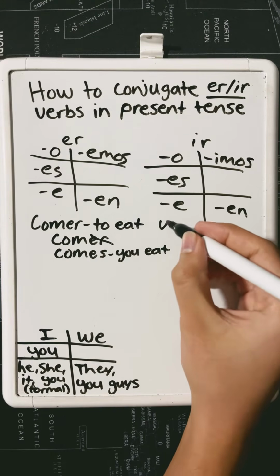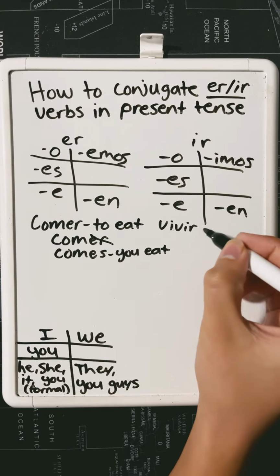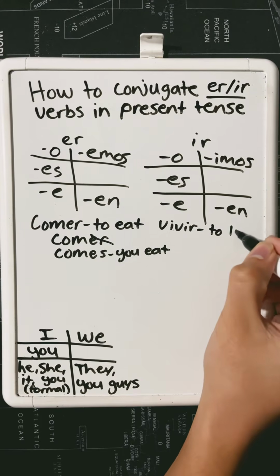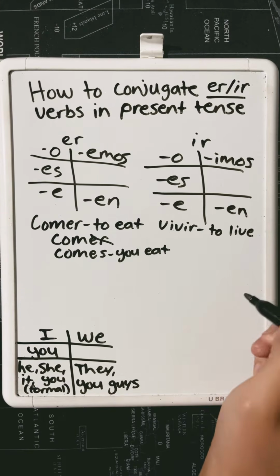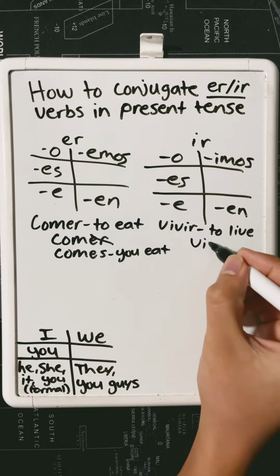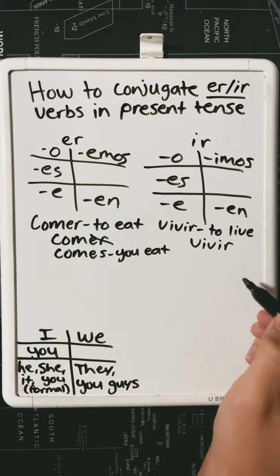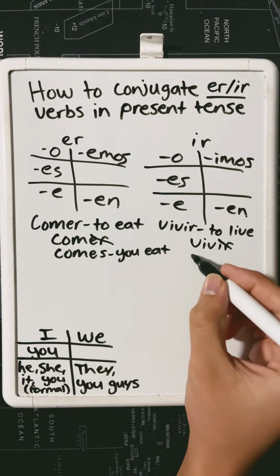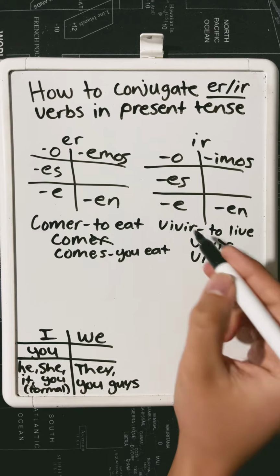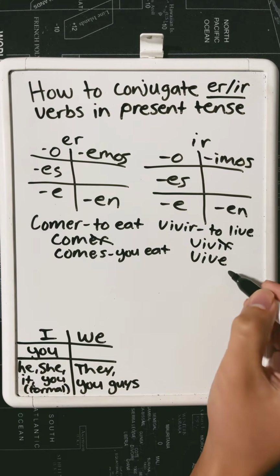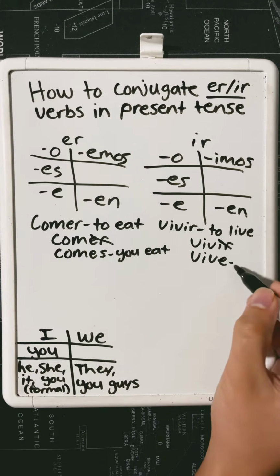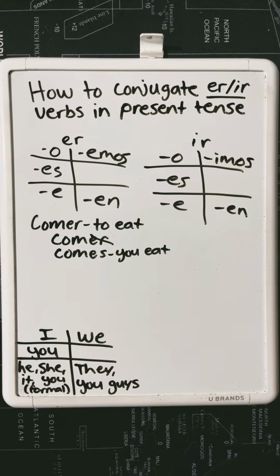So let's go ahead and try it with the IR ending. I want to use vivir, which means to live. So we'll write out vivir, cross out the ending, and replace it with, let's replace it with e to make vive. Oh, oops, not gonna have enough room. Let me redo that.